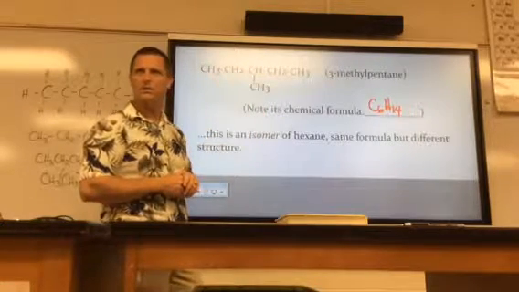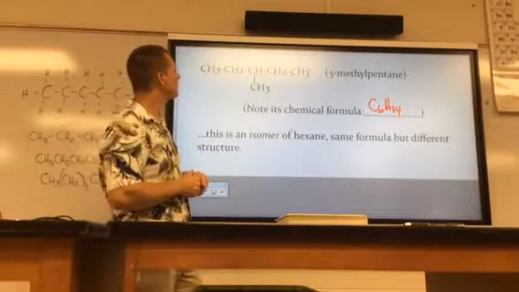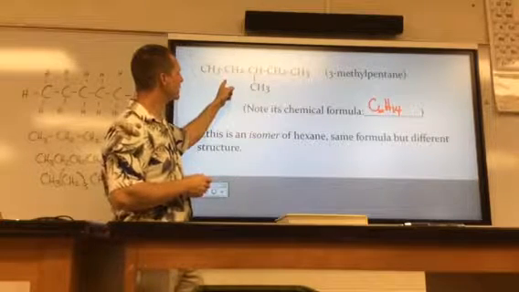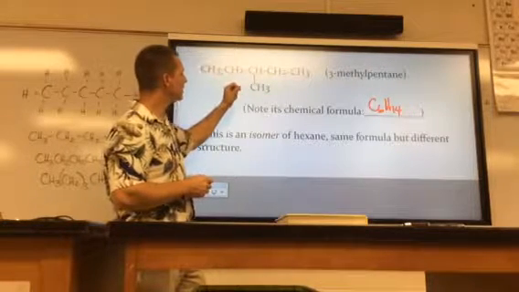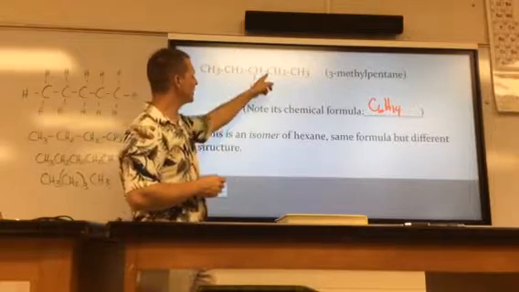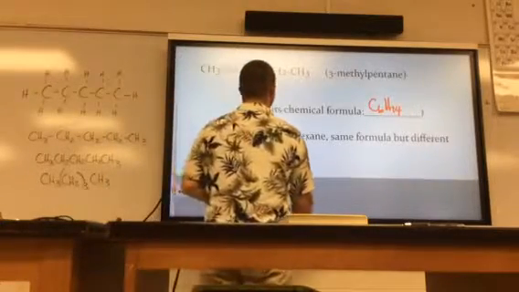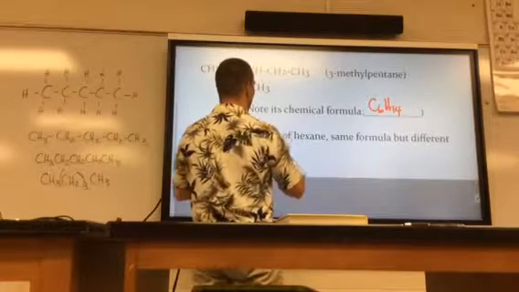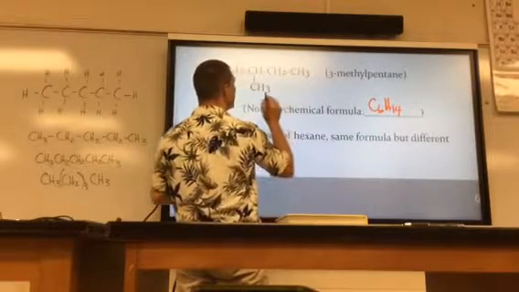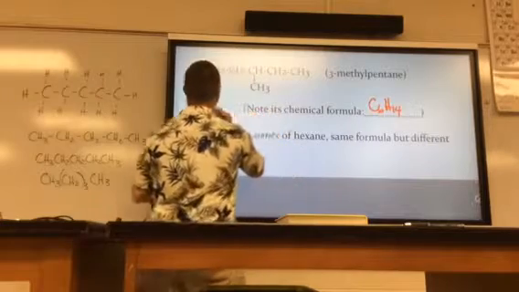I'm just wondering if it was on the CH2 on the right side of the CH, would it be 3-methylpentane or would it be 2 or 4? You're talking about if the CH3 were on that one? Yeah. What would you call it? It would be 2.